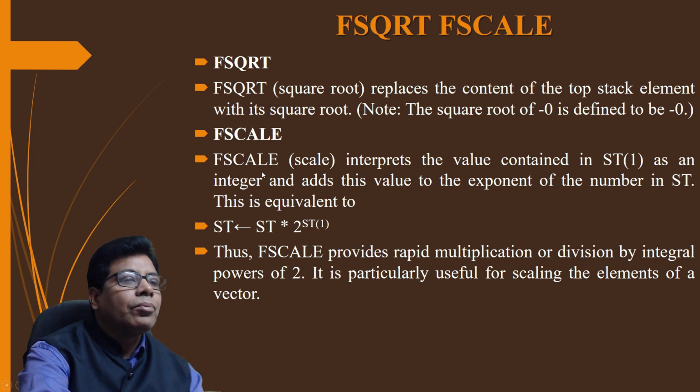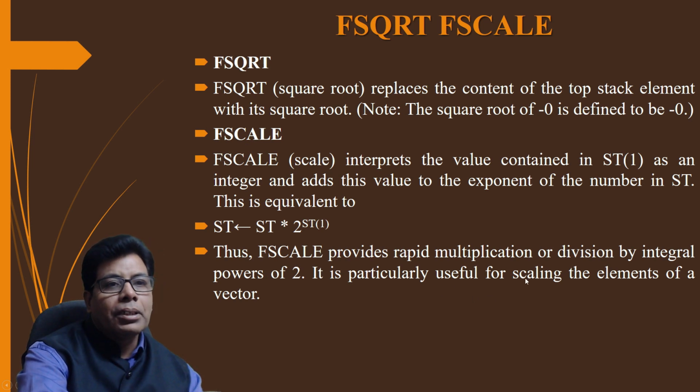Then FSCALE. Now FSCALE interprets the value contained in ST1, that is the stack element 1, as an integer and adds this value to the exponent of the number in ST. So here ST is multiplied by 2 raised to ST1. So here ST is multiplied by powers of 2. So it will provide rapid multiplication or division by integral powers of 2. So it's useful in scaling of the elements of a vector.